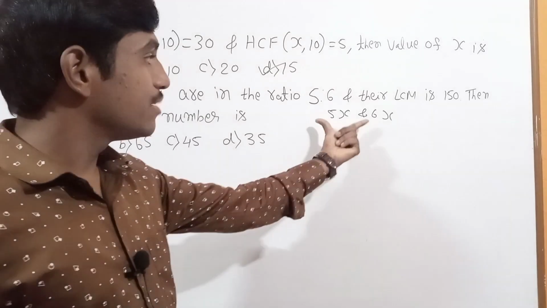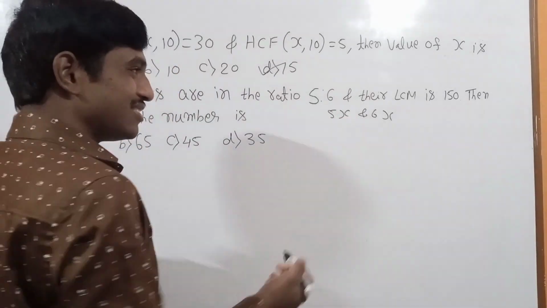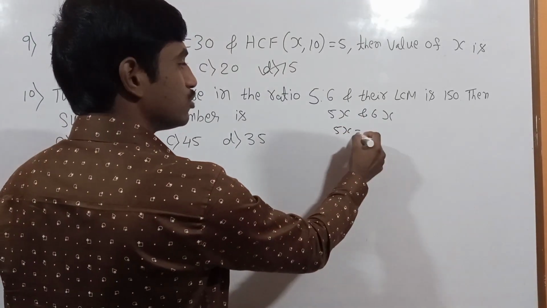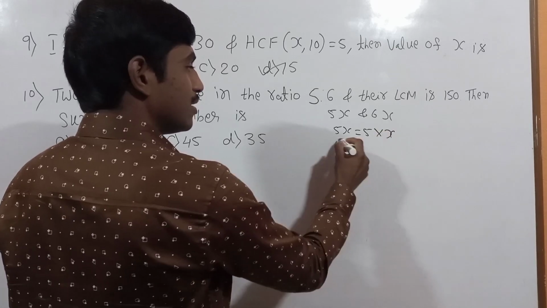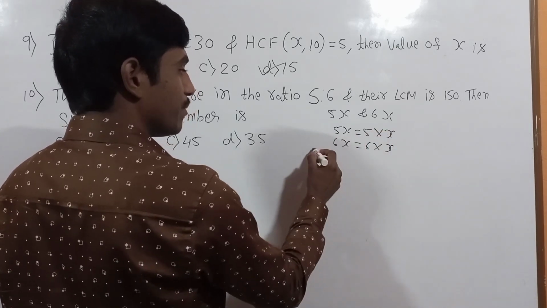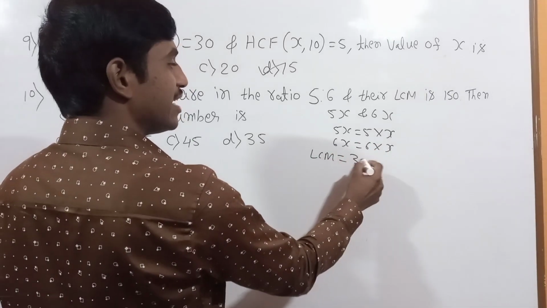Now what will be the LCM of these two? LCM of 5x and 6x will be 30x, because 5x is 5 into x and 6x is 6 into x, so the LCM is 6 into 5, which is 30x.